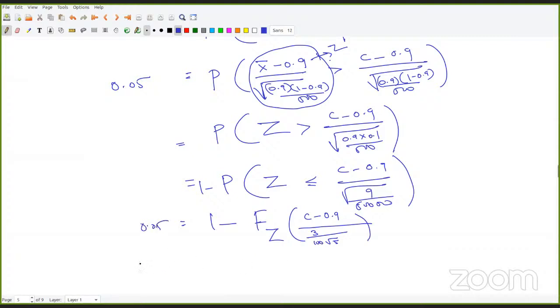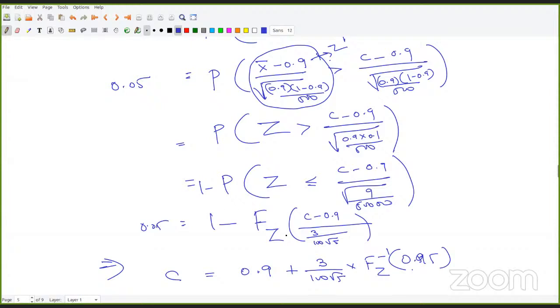Now from here I can get the C value; I am writing it directly. C equals 0.9 plus 3 by 100 root 5 times F_Z inverse of 0.95.